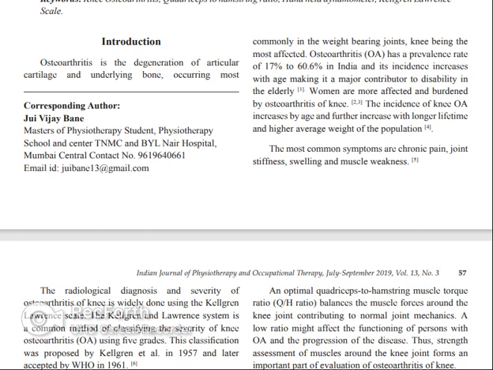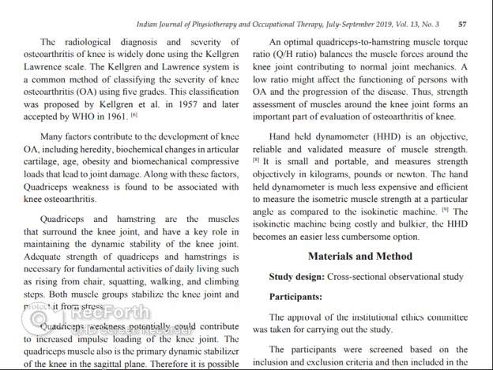Women are more affected and burdened by osteoarthritis of knee. The incidence of knee OA increases by age and further increases with longer lifetime and higher average weight of the population. The most common symptoms are chronic pain and joint stiffness, swelling, and muscle weakness.